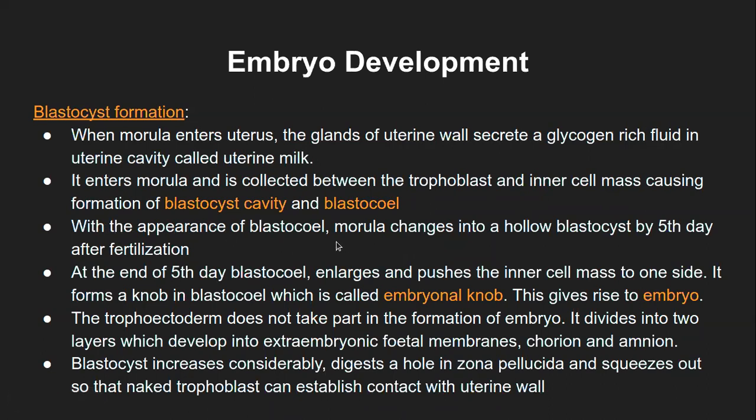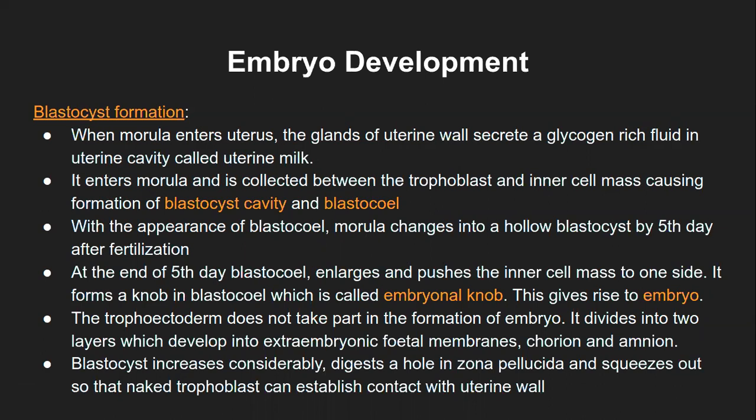With the appearance of this cavity, the morula will change into a hollow blastocyst by the 5th day after fertilization.